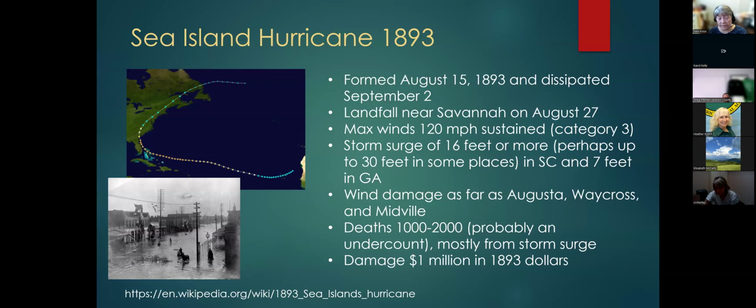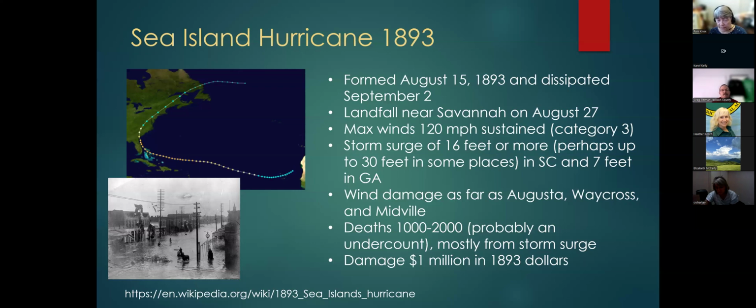Almost everybody believes that was an undercount. I've heard numbers more like 3,000, because a lot of the folks in low-lying areas, the Gullah Geechee people, indigenous people, or previously enslaved people who had lived there, weren't always counted in that death toll. And almost all of those deaths came from storm surge.